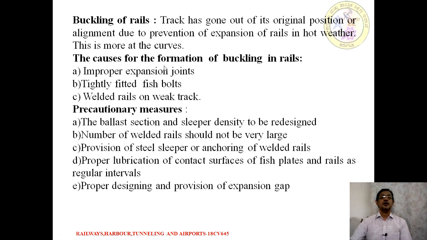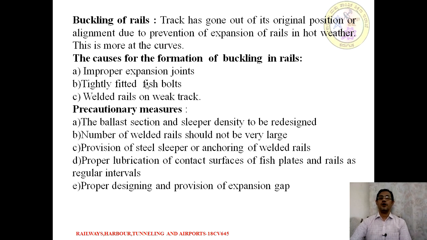The causes for this buckling are improper expansion joints, or if the rails are tightly fitted with no proper gap between the fish bolt and fish plate. Welded rails on a weak track can also cause buckling of a rail.